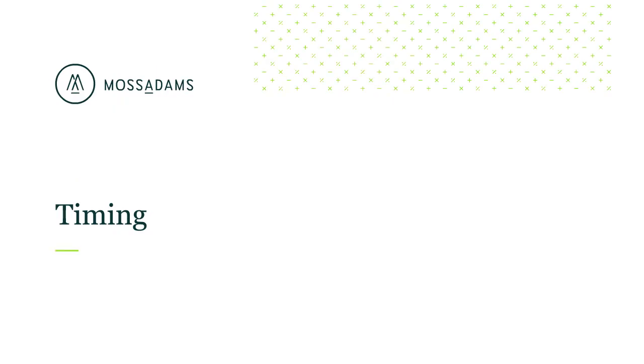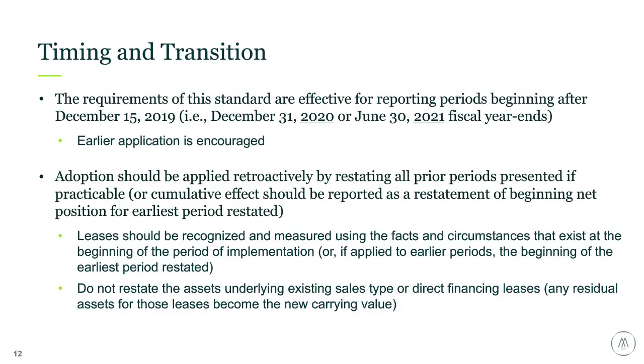All right, let's talk about timing. There is time. That's the good news. Unfortunately, because the standard has to be applied retroactively, you do need to start thinking about 2019 as well. But for those of you with calendar year ends, it is effective for the calendar year end 2020, or if you're a June 30 year end, it would be June 30, 2021.